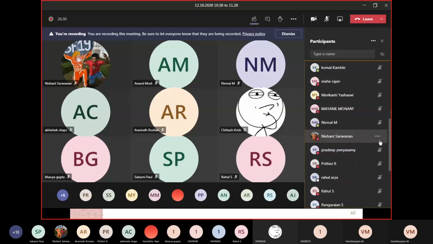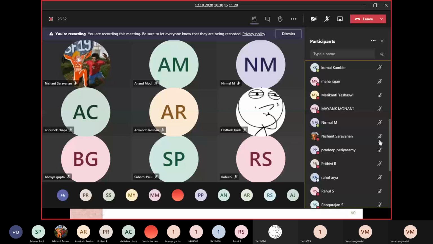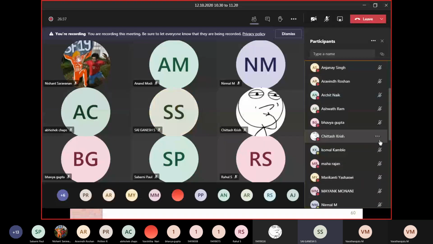Kumara Raja. I think Kumar Raja is also absent.